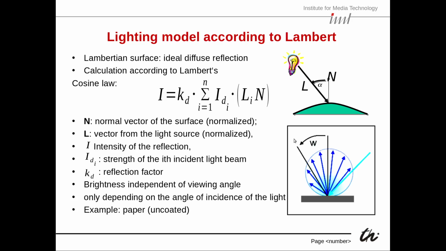So we have incoming light here. So here's the angle from the normal. We have incoming light, and the blue rays are the reflected light rays. And we can see, depending on which direction they exit the surface, they have different strength.